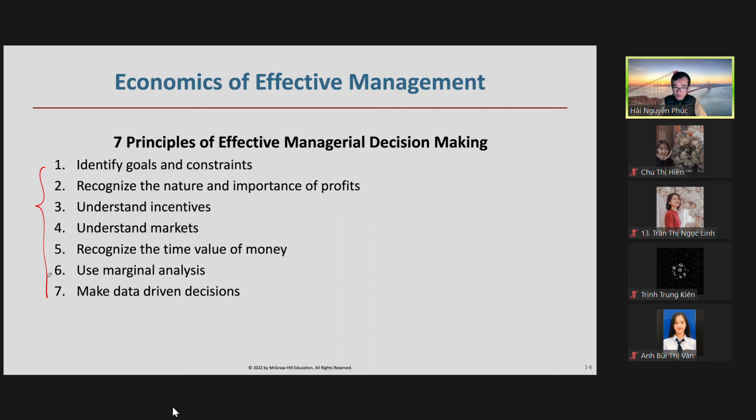You have to recognize the time value of money. You have to be able to apply measurable analysis. And lastly, you have to make decisions based on data, or we say make data-driven decisions. So here are the 7 principles of effective decision making. Keep in mind that if you are a manager of a firm, you will have to answer many questions, but here are the principles you have to stick with when you make your decision.